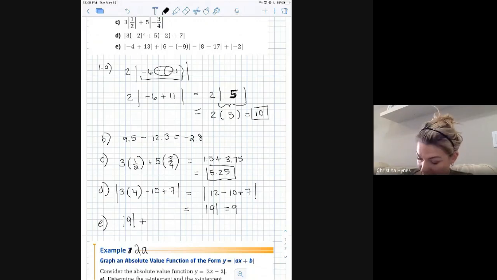And then I have in absolutes 6 plus 9. So you're going to have to change the two negatives to become positive. Subtract 8 minus 17 is negative 9 within those absolutes. And then the absolute of negative 2 is positive 2. So I can already remove those absolutes because I've applied it already.